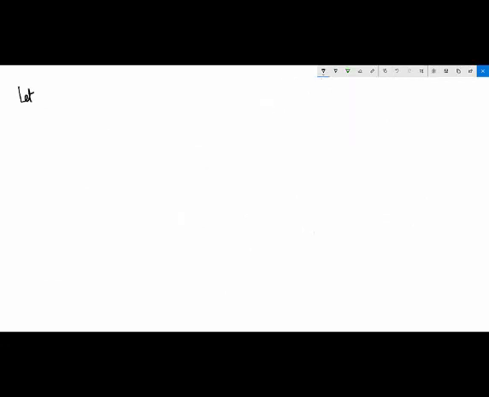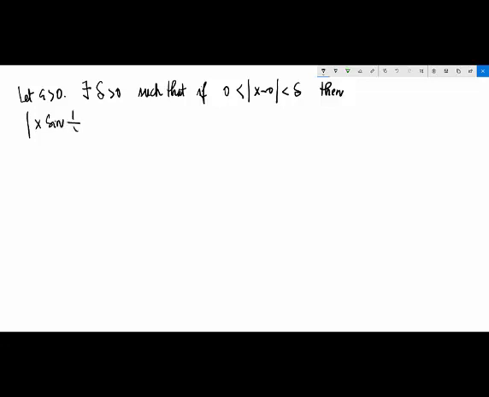Alright, now let epsilon be some positive number. Then there exists delta, which is positive, usually depending on epsilon, such that if this condition holds, then we can prove that the distance between the absolute value of x sine of 1 over x and 0 can be made less than epsilon.